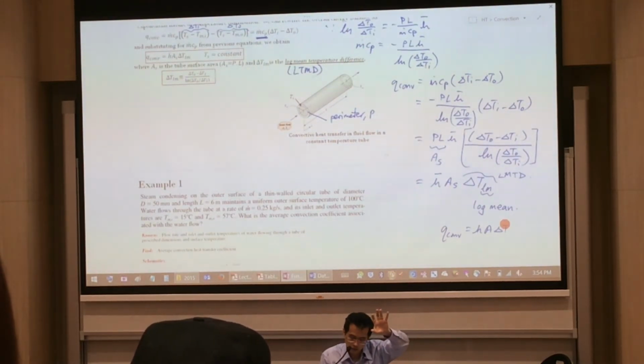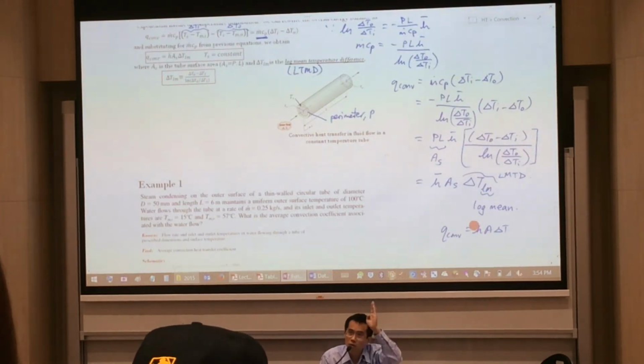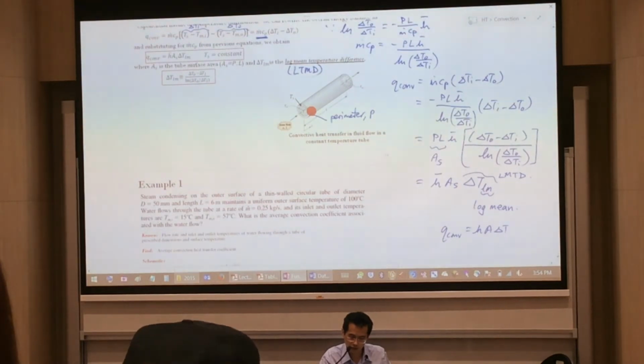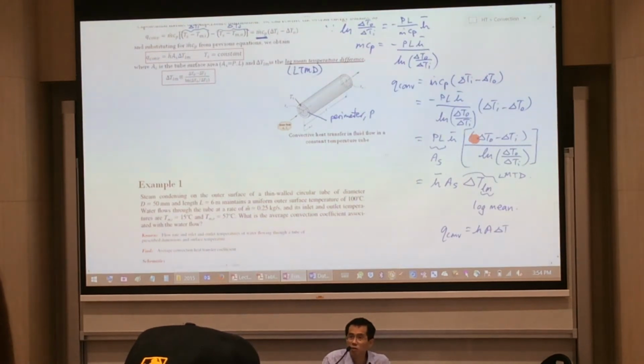That's why for your Newton's cooling law, this h refers to a local heat transfer coefficient. Whereas for this expression over here, because we know that the h value is going to change as it moves through your pipe, that's why we need to consider what is your inlet and what is your outlet temperature.